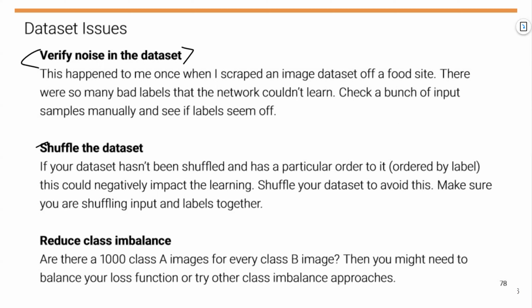And you need to shuffle your data set, because if you don't shuffle your data set, your model could memorize the order, or it could have some bias. Like the first batch has labels of 1, and the second batch might have labels of 2.